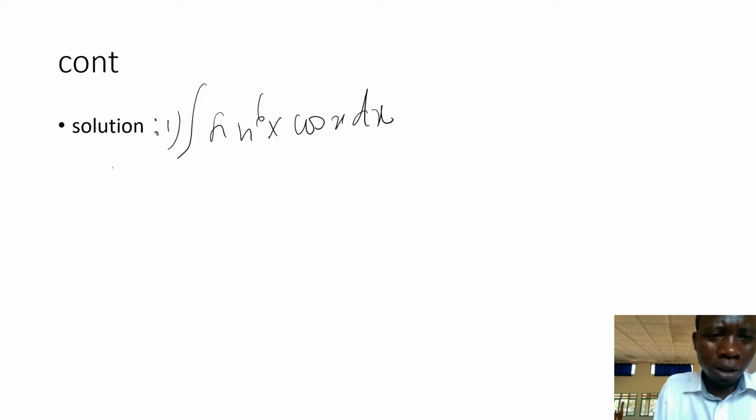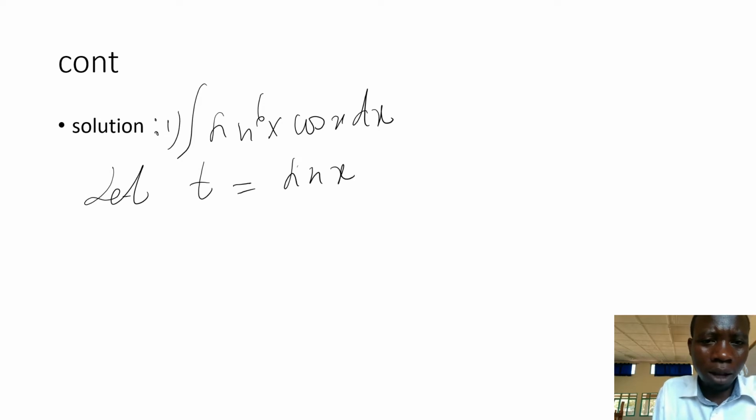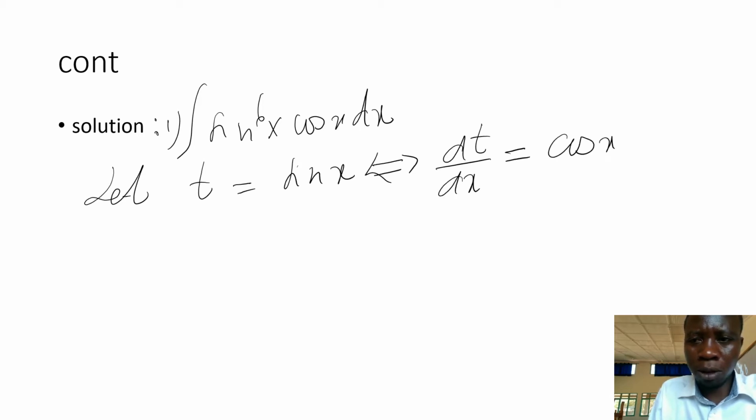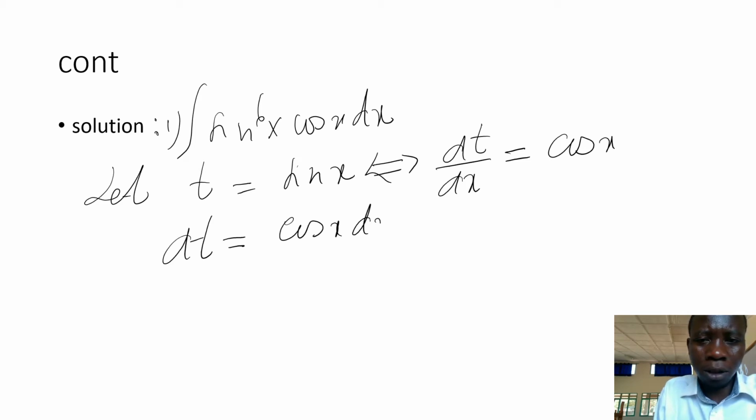We say let t be sine x, and from here we differentiate t with respect to x, and we have dt/dx equal to cos x. Remember that the derivative of sine is cos, and dt is equal to cos x dx.